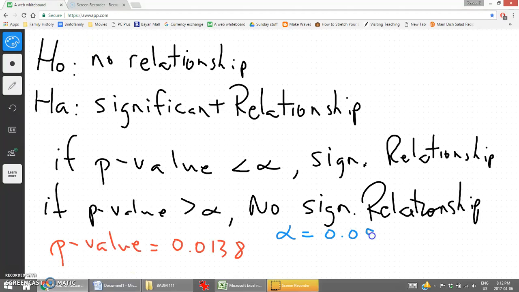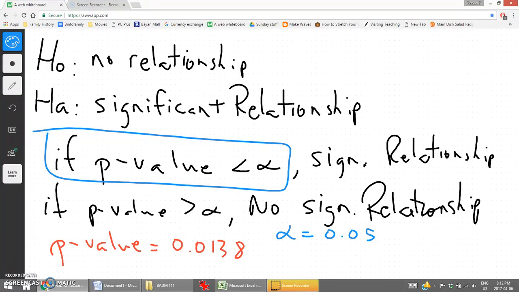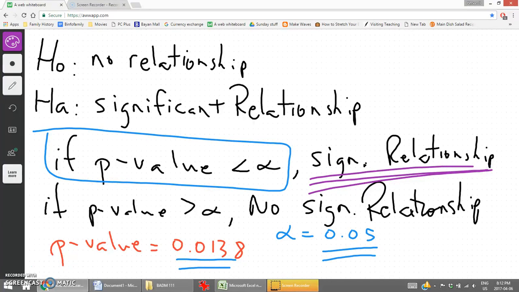Alpha is a standard 5%. So because the p-value is less than alpha, looking at these values here, the p-value is 1.38% and alpha is 5%, we have evidence to state that there is a significant relationship between study time and grades in a course.